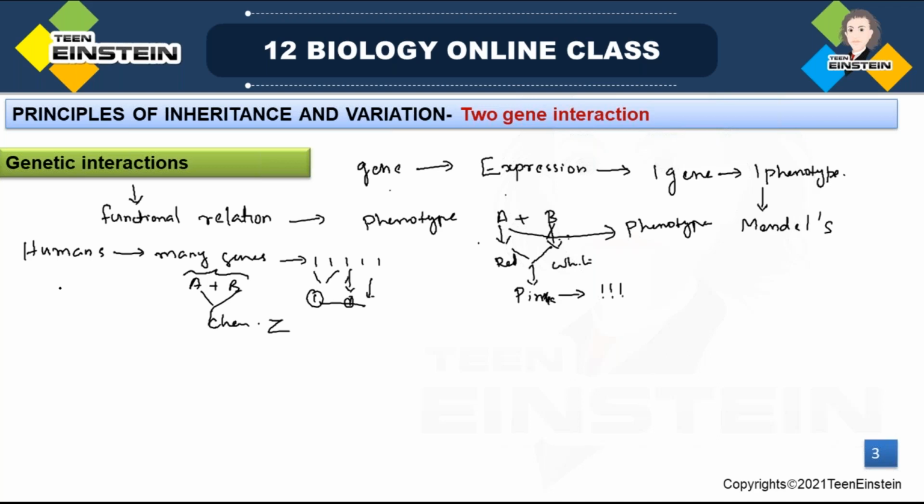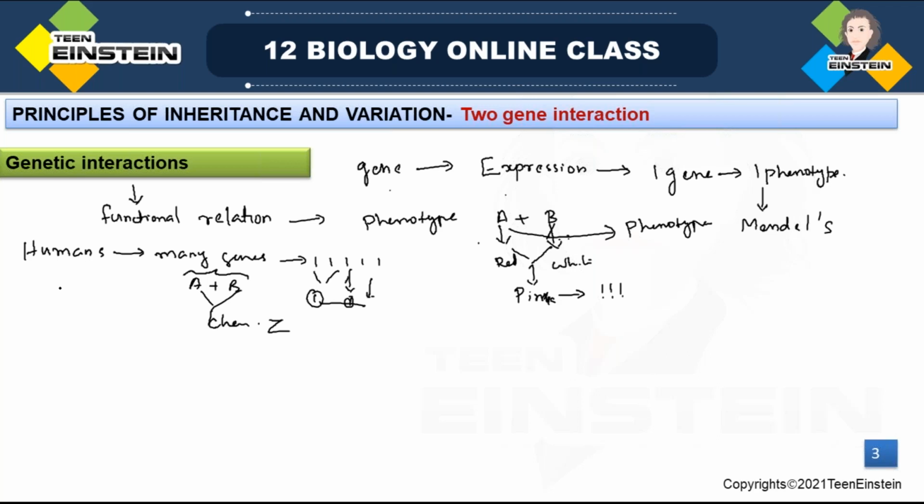It is a result of the combined work of different genes. Some genes, or a group of genes, interact with each other, and as a result of this interaction, that group forms a particular expression.